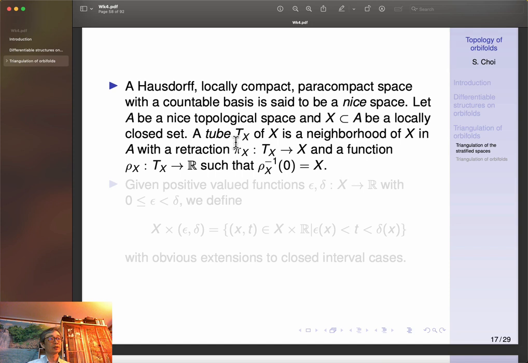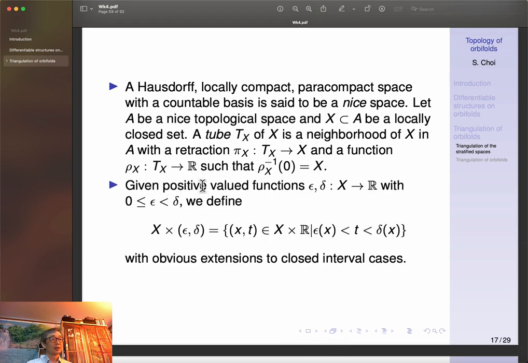A tube T_X of X is a neighborhood of X with a retraction pi_X from T_X to X and a function rho_X from T_X to R such that rho_X inverse of 0 is X. These are really not tubes in the usual topological sense, but just some data we will have for some neighborhood.